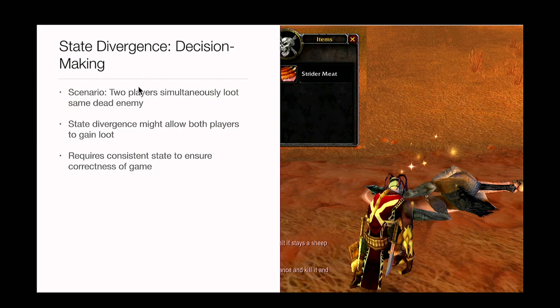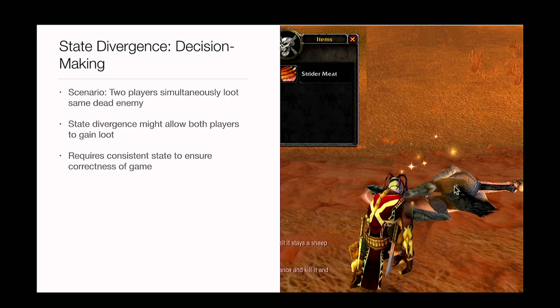This causes all sorts of problems in these online games. For example, you can end up having an inconsistent game state. Here's an example with a dead creature. Apparently in this game, you loot the creature, and you can see that this creature has strider meat.